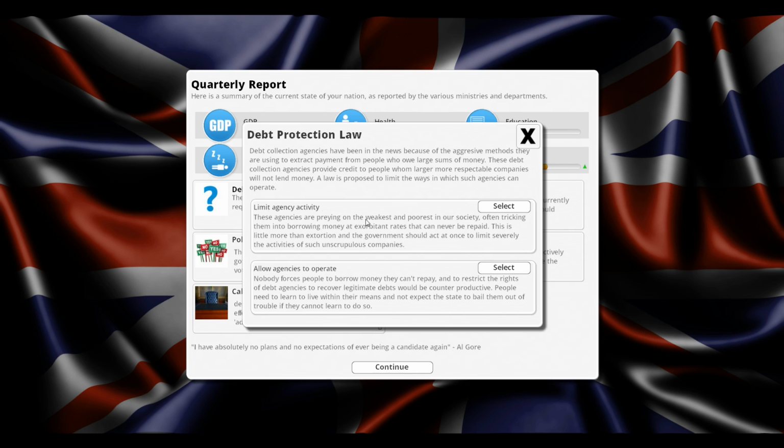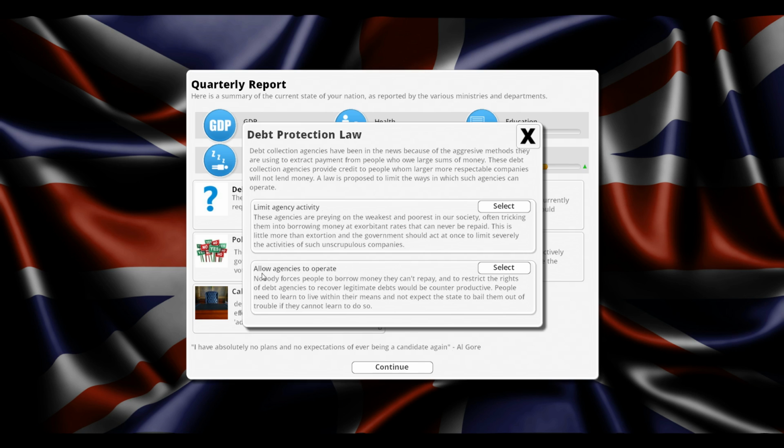These agencies are preying on the weakest and poorest in our society, often tricking them into borrowing money at exorbitant rates that can never be repaid. This is little more than extortion, and the government should act at once to limit severely the activities of such unscrupulous companies.